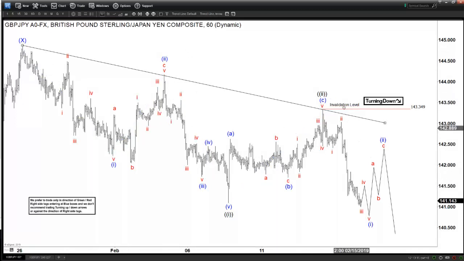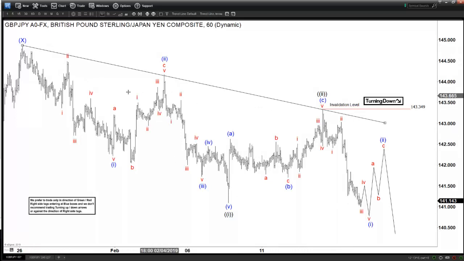So that suggests that if the pound stays below this previous high over here, we're looking for the downside. As we always tell members, 5 swing is an incomplete sequence, and usually that will extend at least in a 7 swing sequence in favor of the direction of that 5 swing.